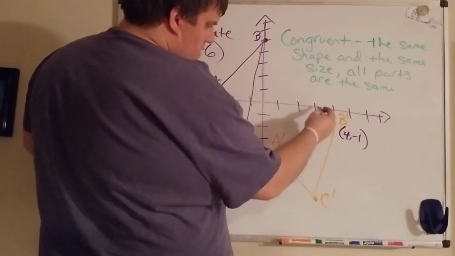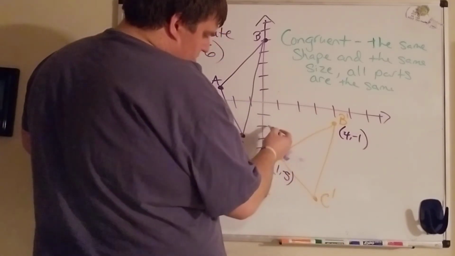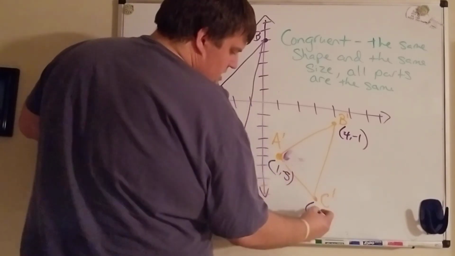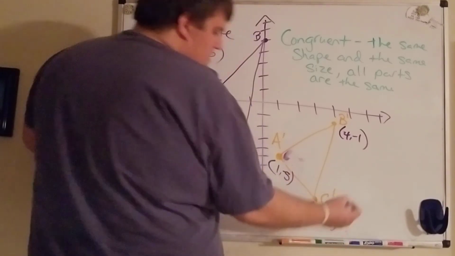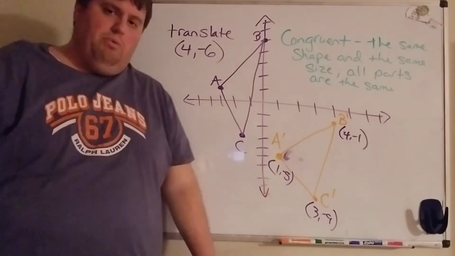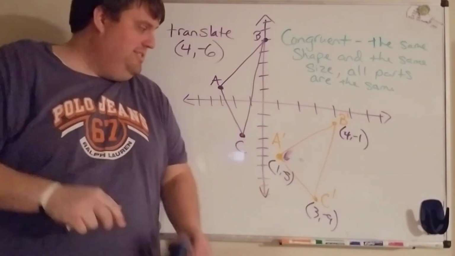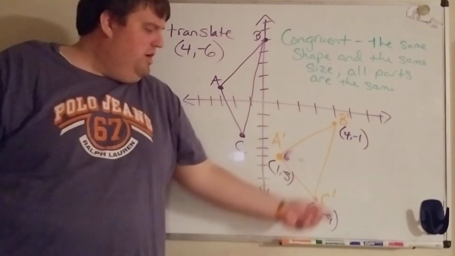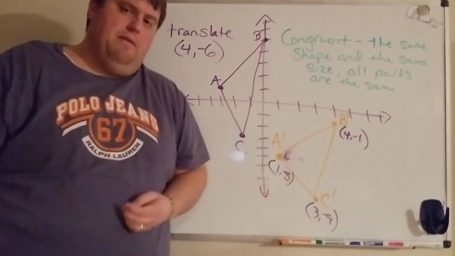And C prime is at 3, really far down, 3, -9. And that would be my answer, or what you guys would want to write on your homework, the new points. So A prime is 1, -5. B prime is 4, -1. C prime is 3, -9.